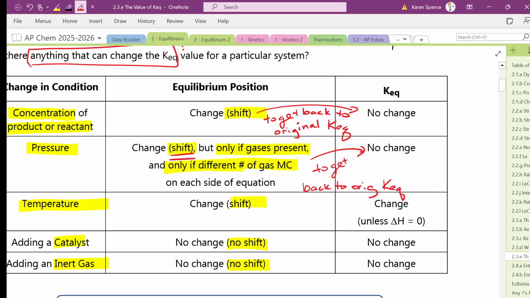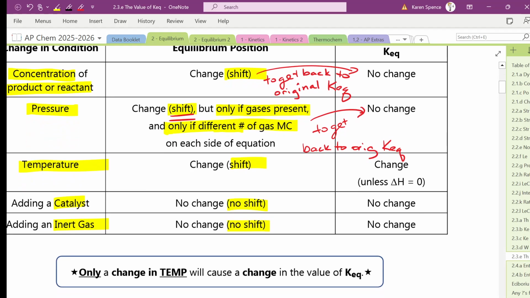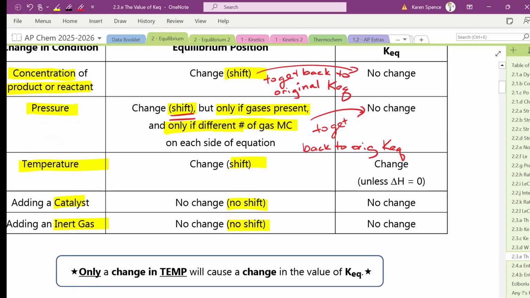And if there are the same number of gas molecules on each side of the equation, the concentrations of products and reactants will have changed by exactly the same factor, and so the ratio between them will remain the same, so it won't have to shift. Temperature, on the other hand, shifts, and we get a new KEQ. So we have no change, we have no change.